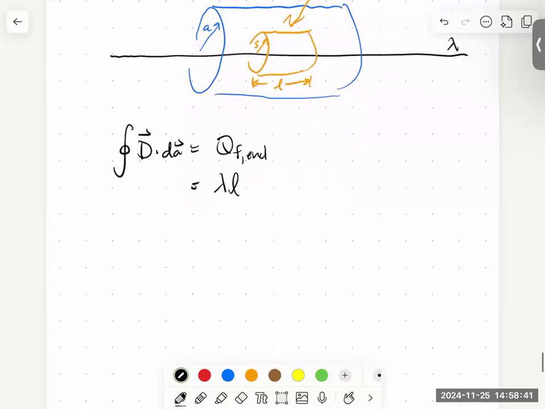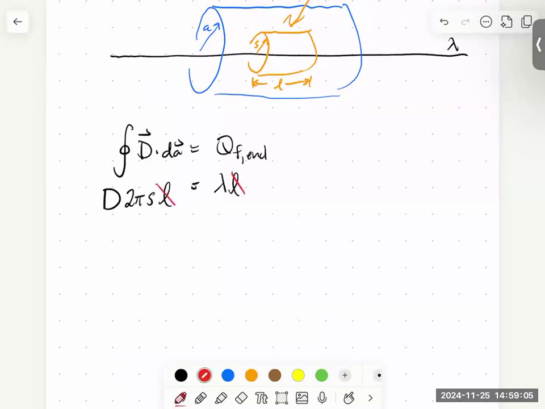Okay, and so the usual sort of Gauss's law type stuff, we would do 4 pi epsilon naught, sorry, no, what am I doing? I don't have a sphere, I have a cylinder. And so the surface area of that cylinder is going to be 2 pi s times the length.